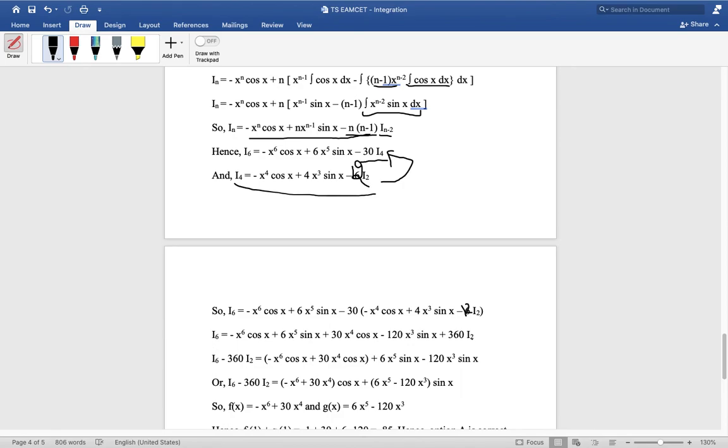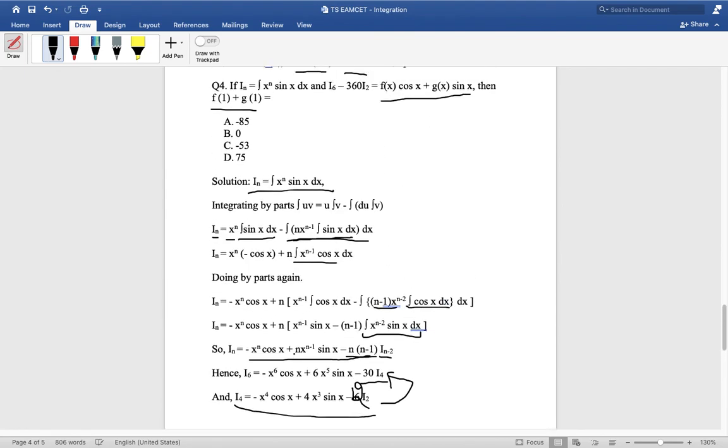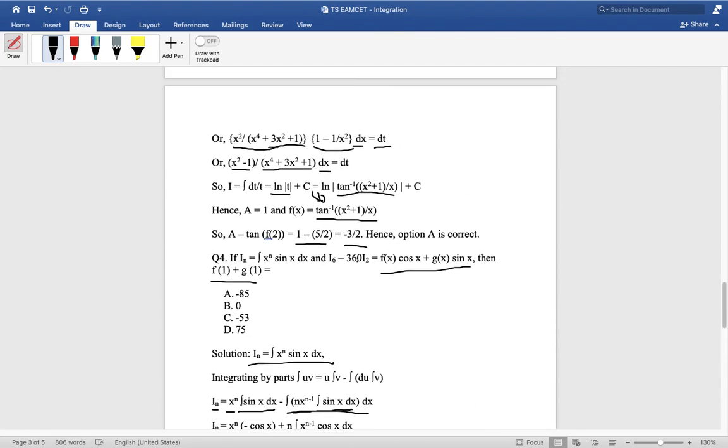So when I simplify this expression, I will get I6 minus 360 I2 is equal to minus x raised to the power 6 plus 30 x^4 into cos x plus 6x^5 minus 120 x cube sin x. This was given equal to, in the problem, I6 minus 360 I2 was given equal as f(x) into cos x plus g(x) into sin x.